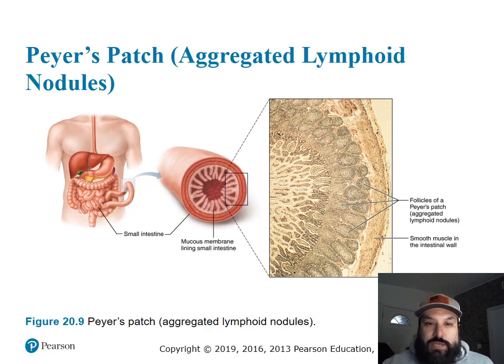Okay, so here are our Peyer's patches. What we're seeing here is if we take a section of the small intestine, we cross-cut it, and we look inside of it. We can see the lumen, right? The little empty space where food and water would go through. This is our lumen right here. Beside it, we've got this little tissue right here, these little microvilli, right?